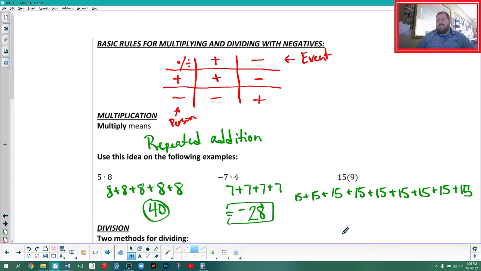And then we can count by 15s. That part's not too bad. 15 and 15 is 30, 45, 60, 75, 90, 105, 120, and 135. So we get 135.